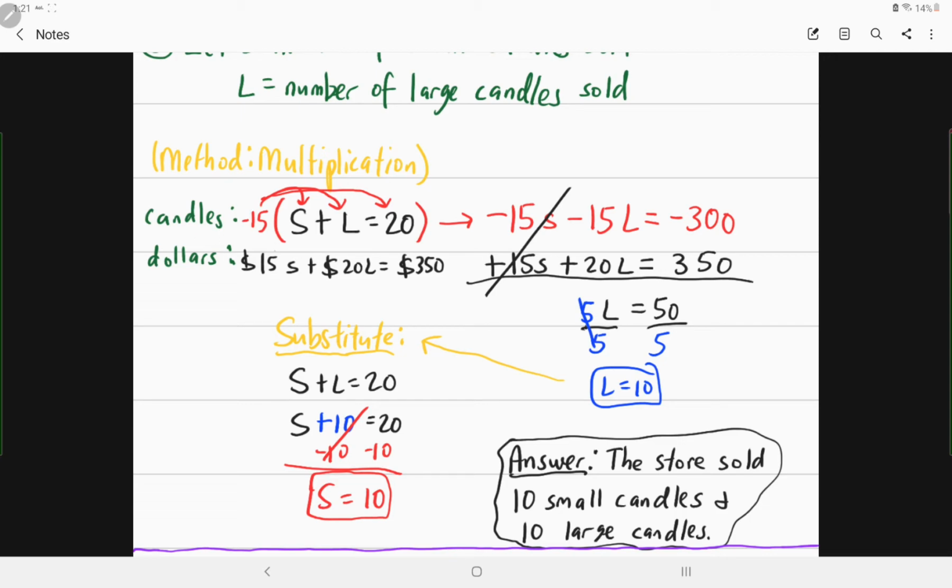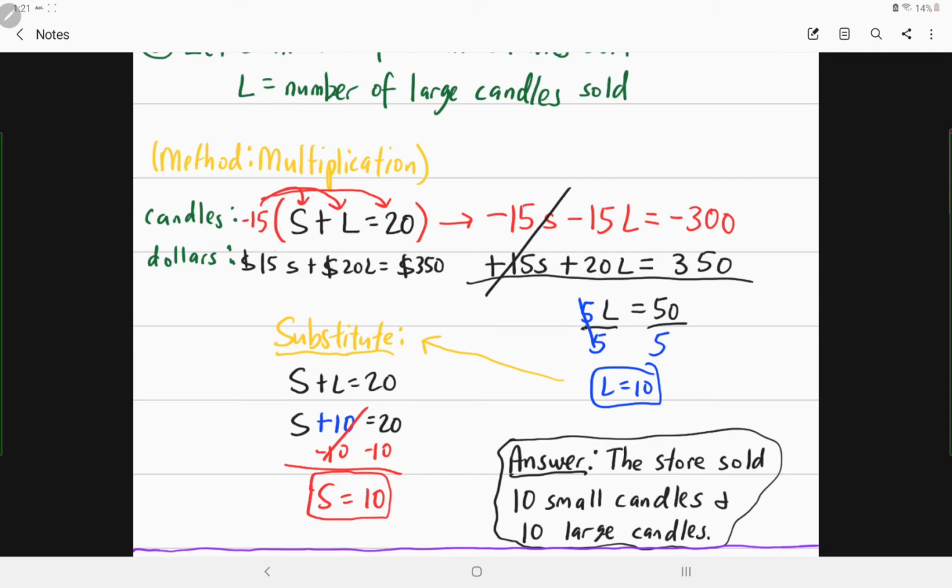Now for candles, it tells us that we're going to sell a total of 20 candles, but it doesn't say how many small candles. That's why I put just S plus, and it doesn't also tell us how many large candles. So I just put L. So S plus L equals, now it did tell us we're selling 20 candles, so I put equals 20.